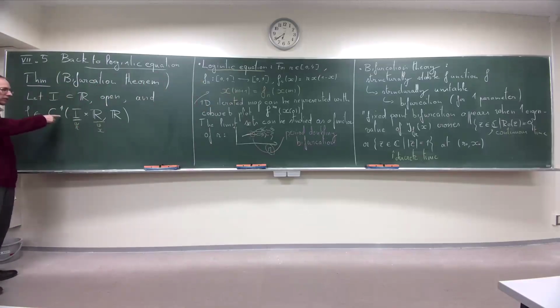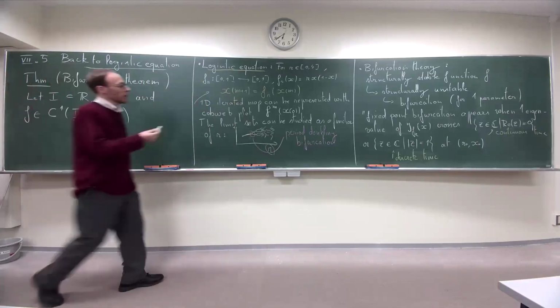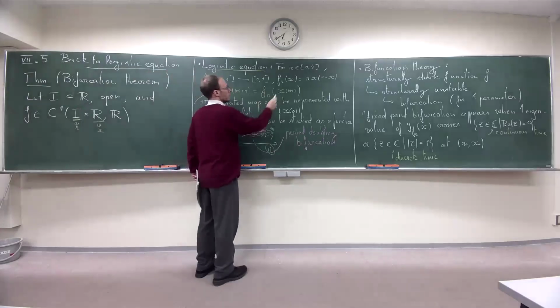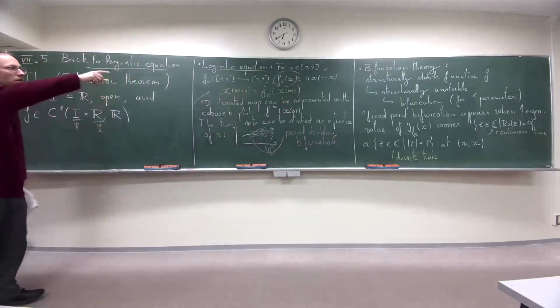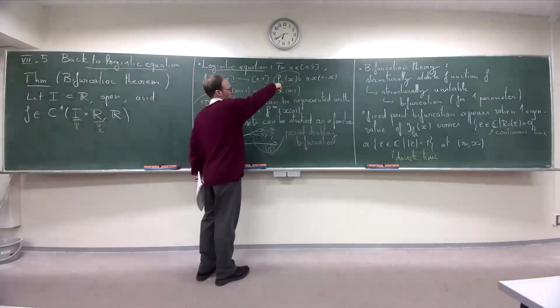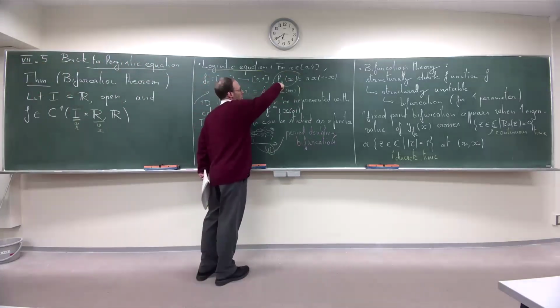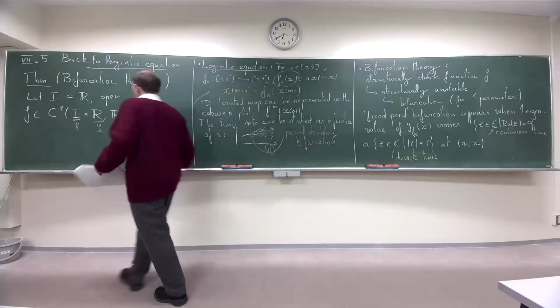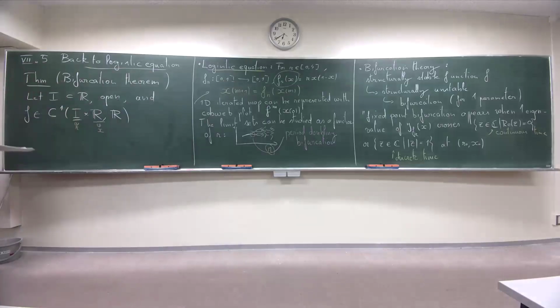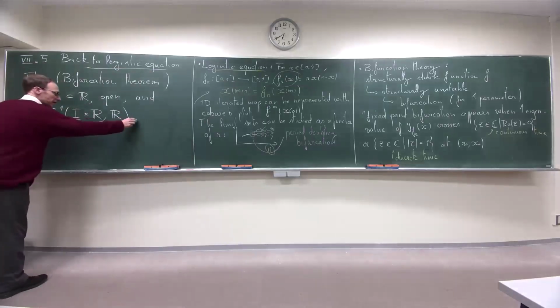So I will consider this function as a function of two variables, seen a bit differently, because I put the first variable here as a parameter, but I can look at it as a function of two variables. I assume that it's differentiable in both variables, because this is the setting.